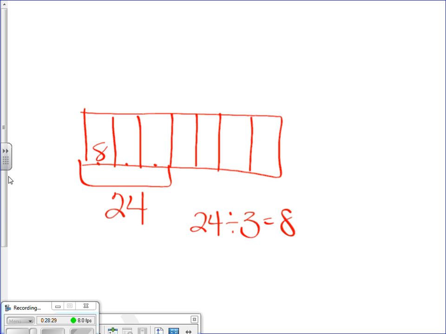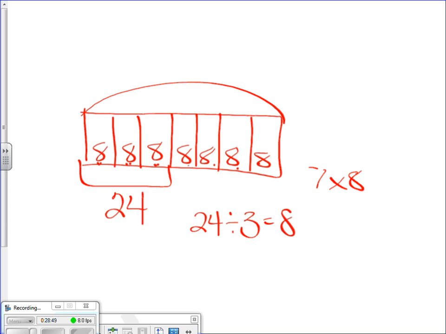So each unit is equal to 8. So what does that mean about these? They are equal to 8. So I need to figure out what this whole thing is. So times 8 equals 1, 2, 3, 4, 5, 6, 7. It's 56.